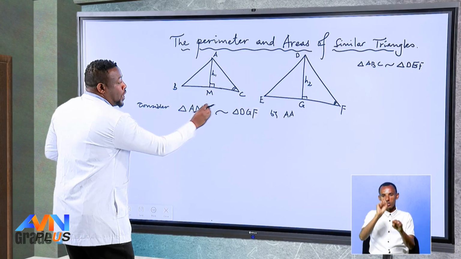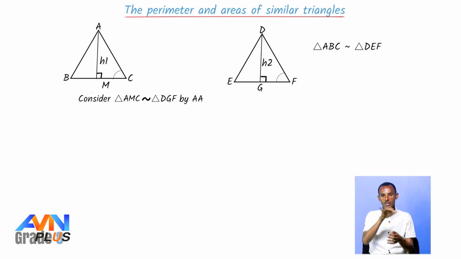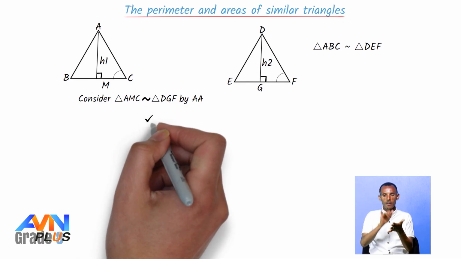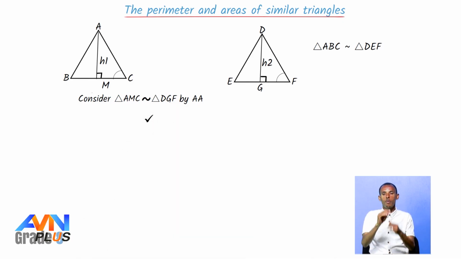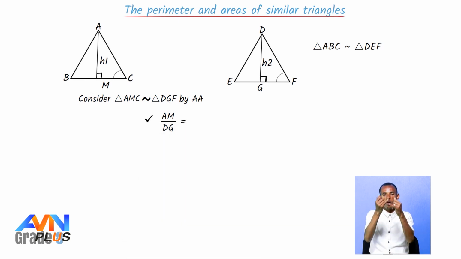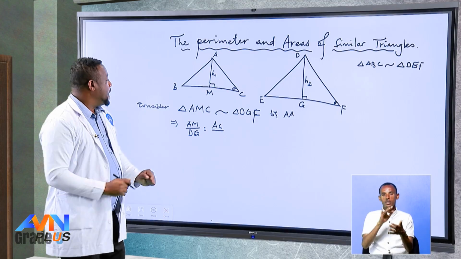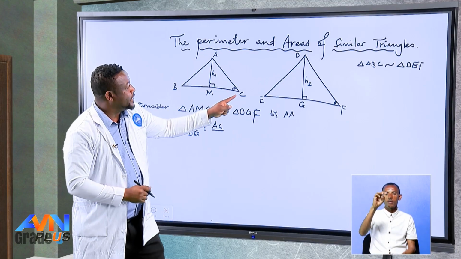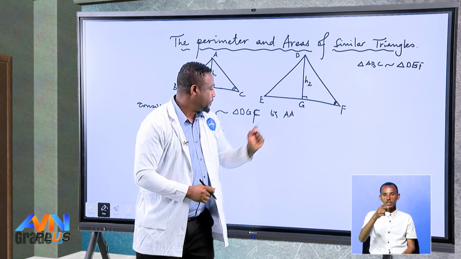If these two are similar, we can say that AM over DG is equal to AC over DF, so AMC is similar to DGF, right?